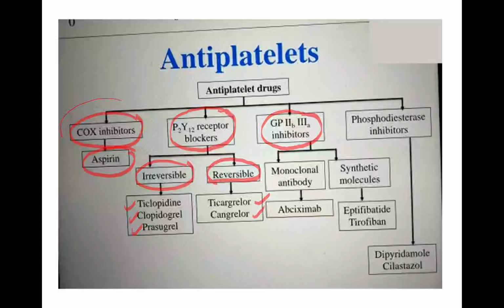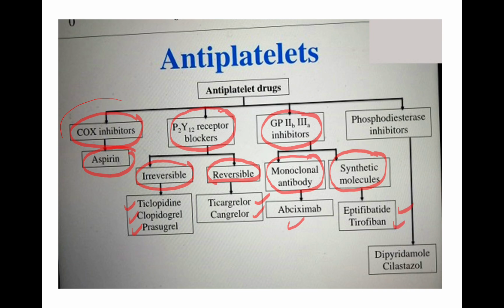And here we have drugs which act on this receptor to inhibit the process of platelet aggregation. These drugs are also divided into monoclonal antibody and synthetic molecules. The monoclonal antibody is abciximab, and the synthetic molecules are eptifibatide and tirofiban, 2 drugs.